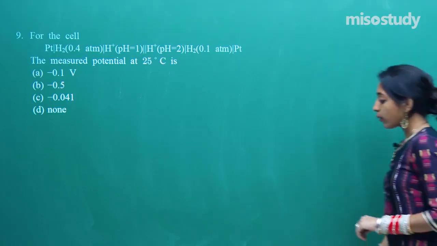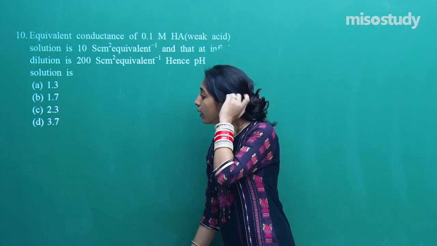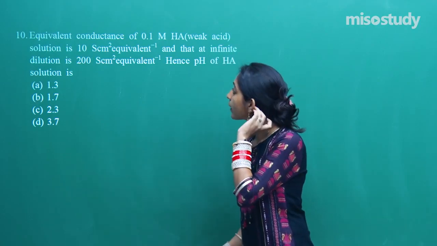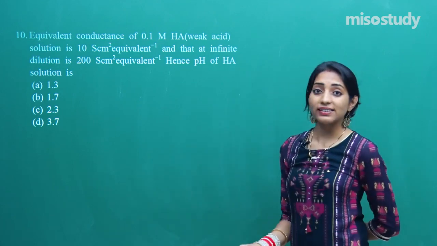This last question says, the equivalent conductance of 0.1 molar weak acid HA.